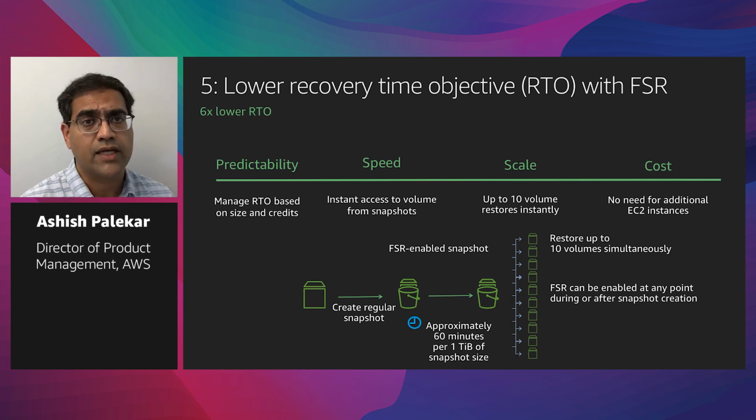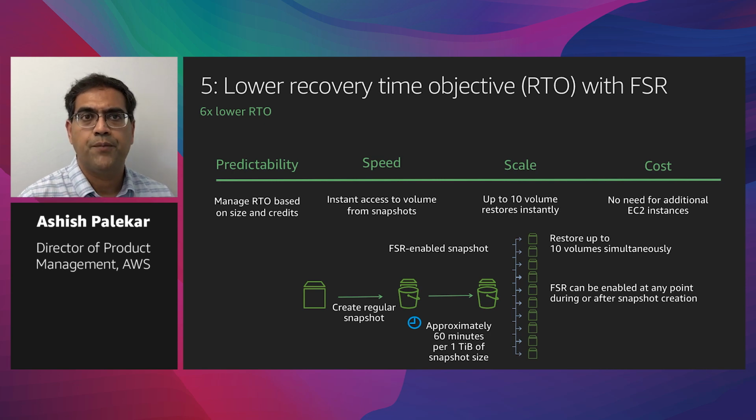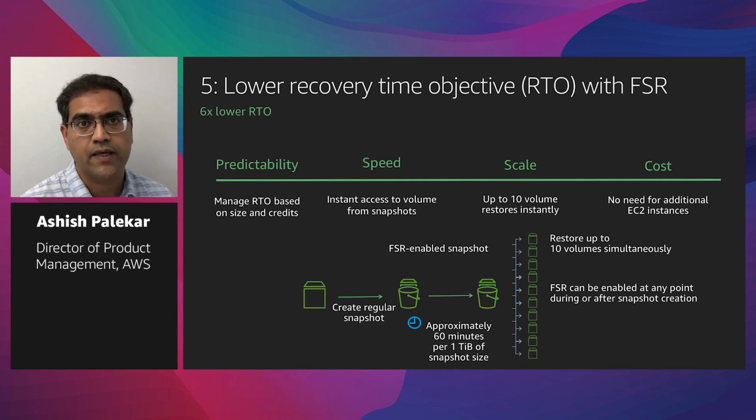And the net result for customers is you can achieve up to 6 times lower recovery times for your end use cases. Again, if your workload has the kind of random access patterns and needs performance right at the get-go, use FSR. And you can enable it within our data lifecycle manager or on a per snapshot basis.